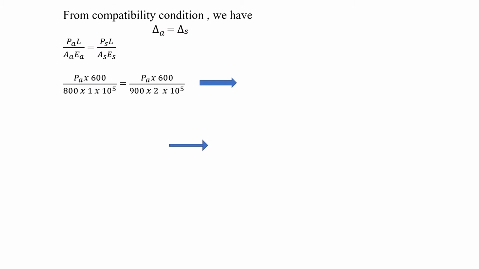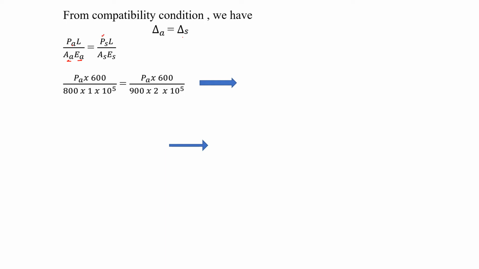That is, from compatibility, delta A, that is change in length of aluminium, is equal to change in length of steel. Change in length is given by PL by AE. Here P is the load taken by aluminium, with area of cross section of aluminium and modulus of elasticity of aluminium, and that is equal to change in length of steel.